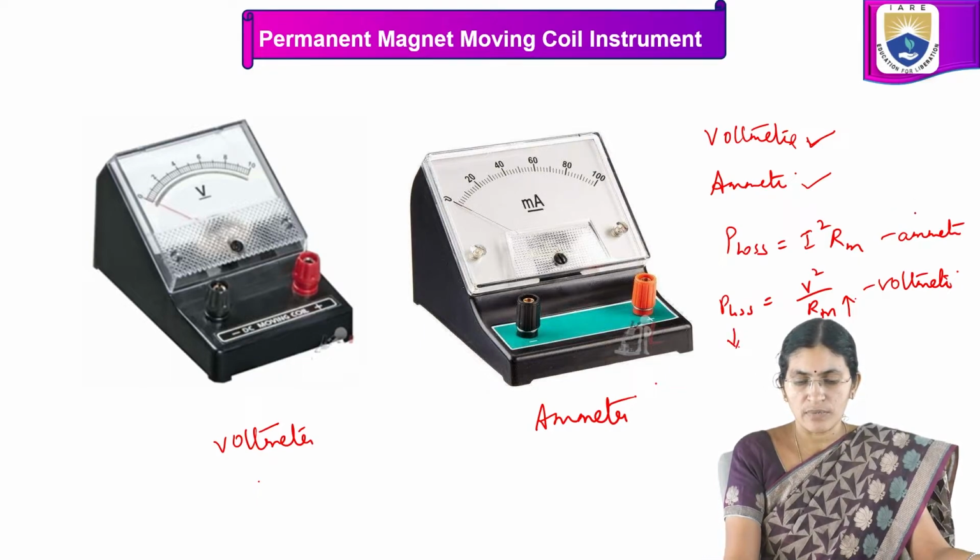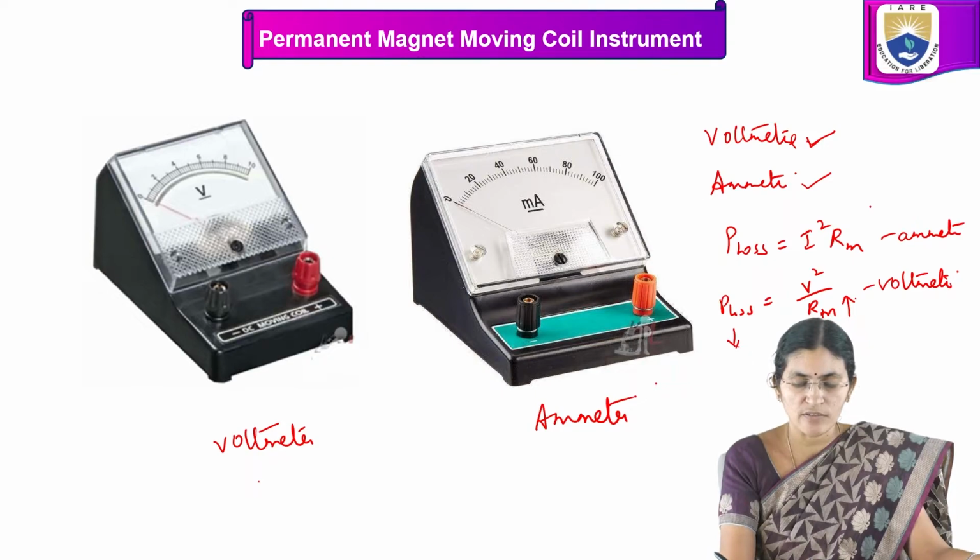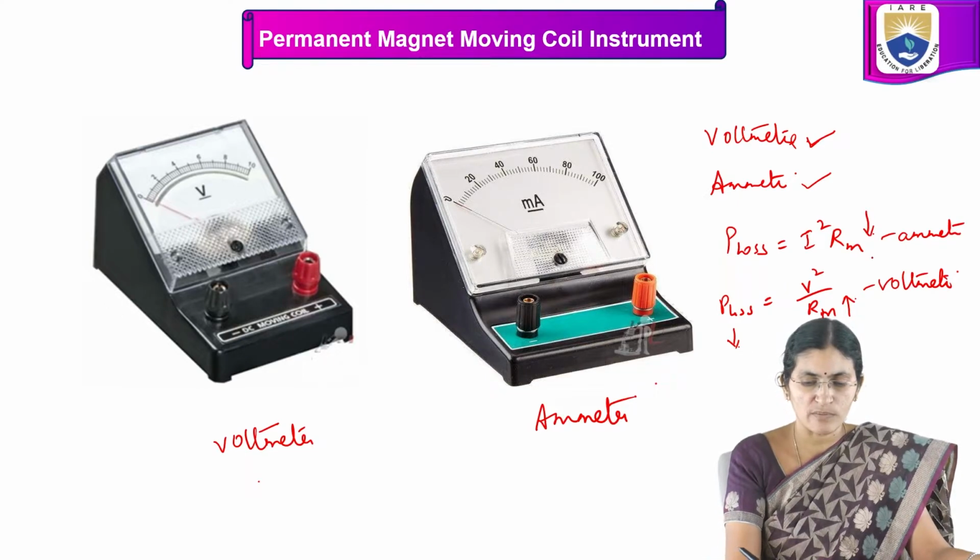And for the ammeter, the resistance in series with the ammeter must be as low as possible so that the power loss is reduced.